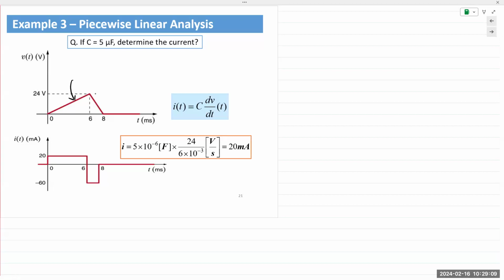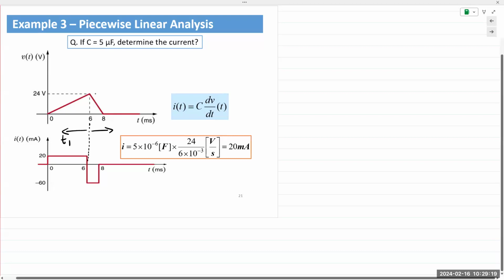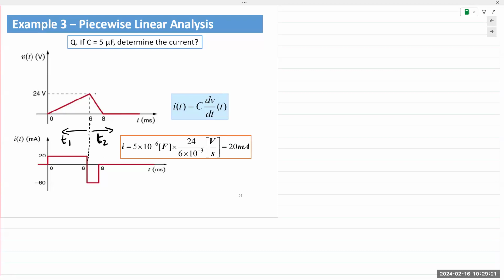Okay, straight line. In this case, if you look at this example, I can break this up into 2 individual pieces. And in both pieces, the input signal has a linear relationship with time.